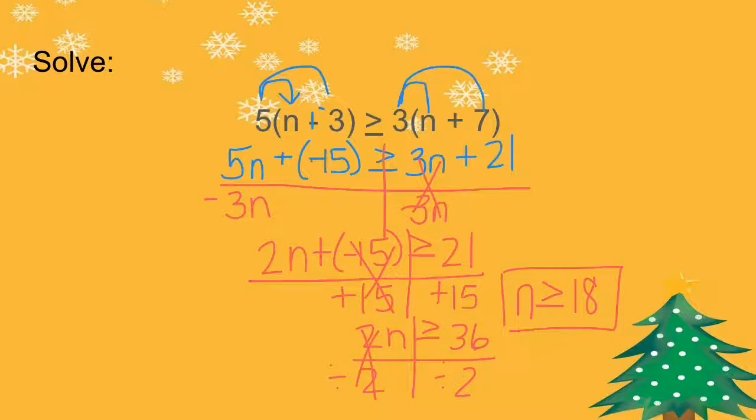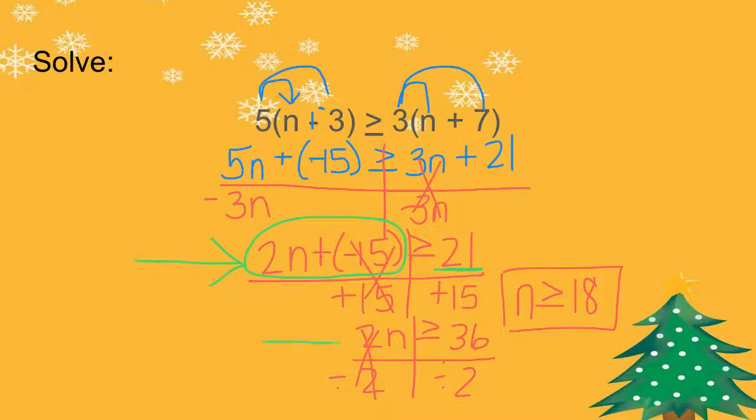Just because you have different work does not mean you did it wrong, as long as you have the right answer. So I removed 3n from both sides, and that left me here: 2n plus a -15 on one side and 21 on the other. I needed to separate these, and because I have the constant on the other side, it's the constant that I moved. I added 15 to both sides.